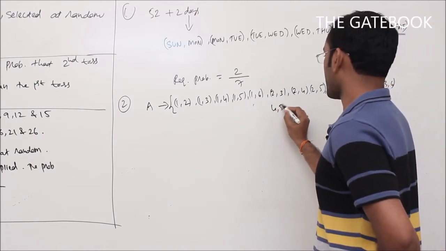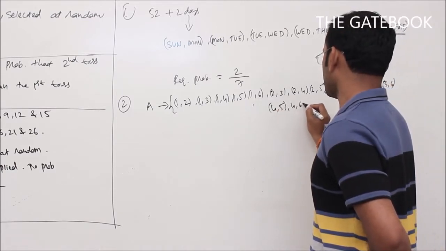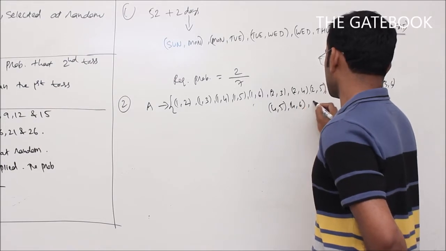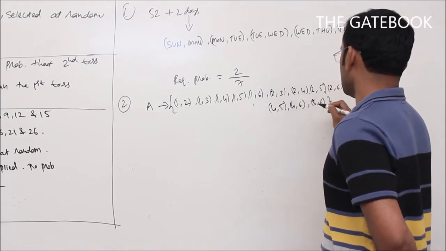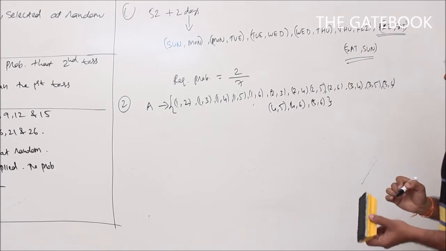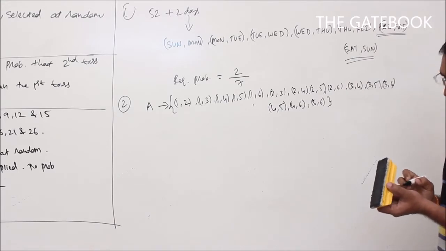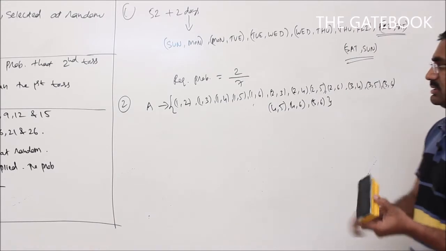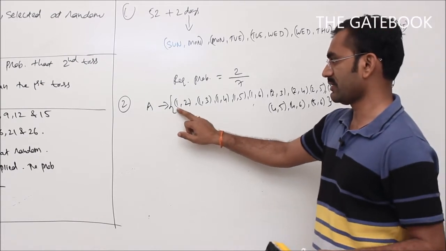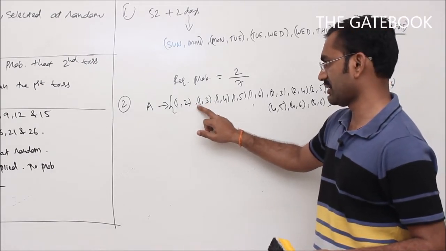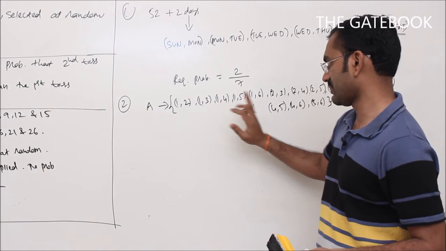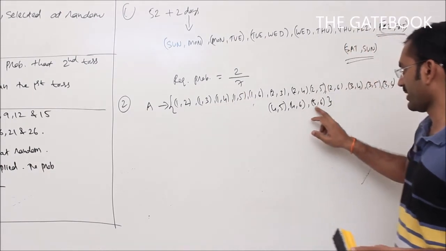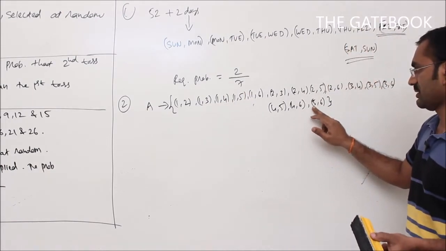Next 4 5, 4 6. Next 5 6. In all these cases the second toss is higher than the first. Here 1 2, 2 is greater than 1; 1 3, 3 is greater than 1; 1 4, 4 is greater than 1, and so on. Here 5 6, 6 is greater than 5.